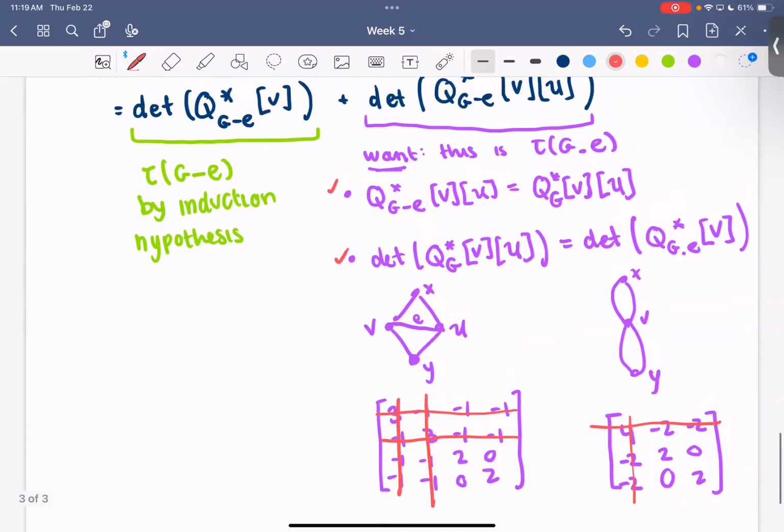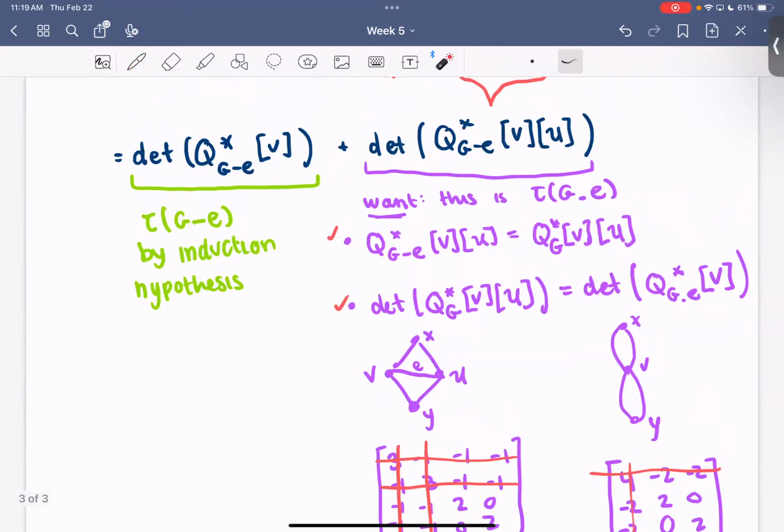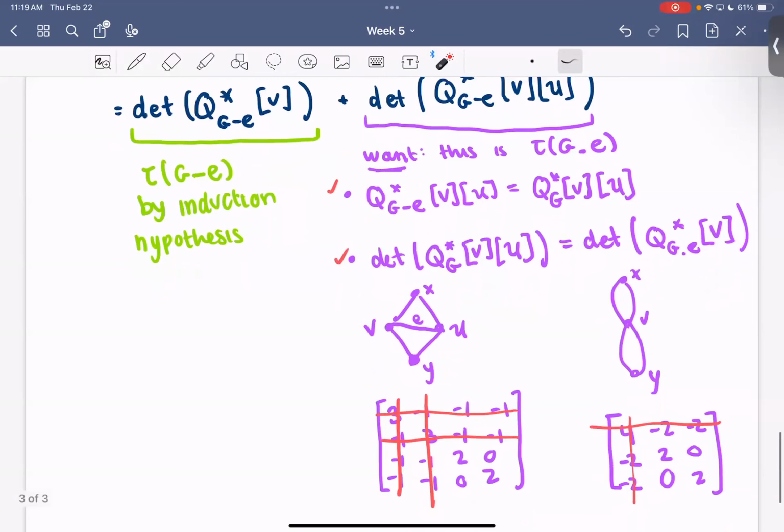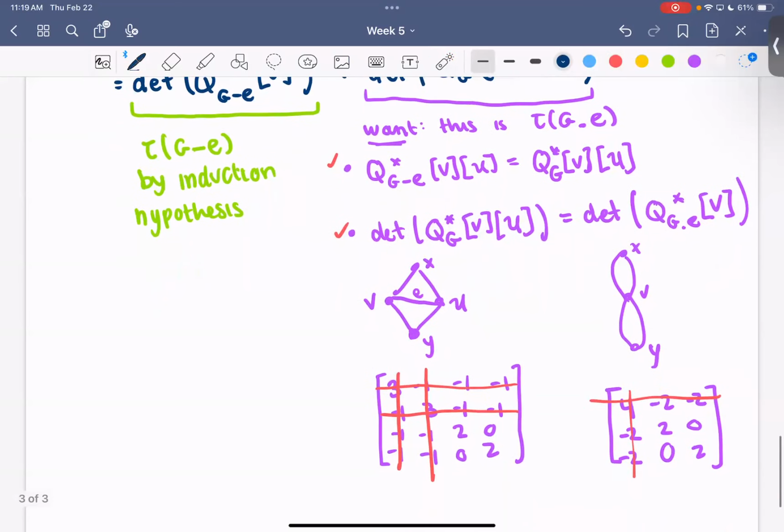Okay, so that means that the determinant of this matrix, via these two claims, is now the determinant of this matrix. So let's go back to our chain of equalities.